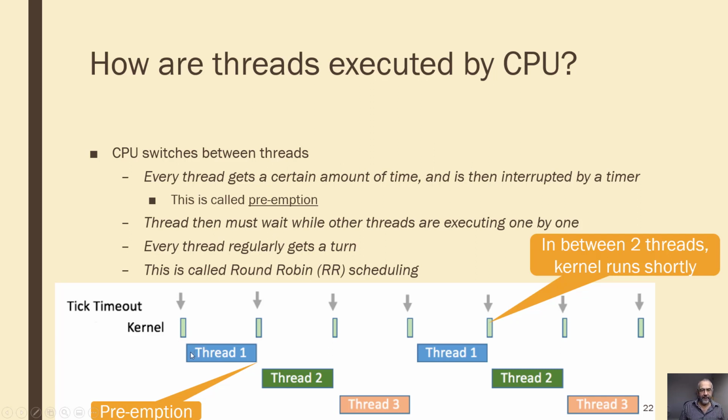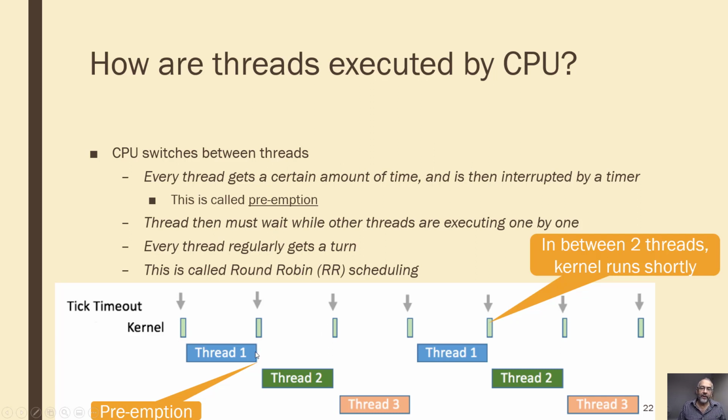So in the beginning, thread 1 is running for a while, let's say 1 or a few milliseconds, and then thread 1 is stopped temporarily. That is what we call preemption. It's not finished, it still has work to do, but it's stopped temporarily to give other threads a chance to also make some progress. So remember that term, that's called preemption.